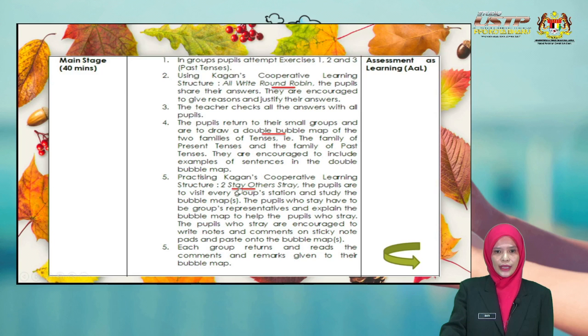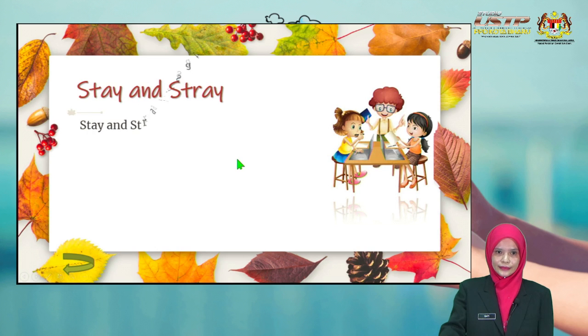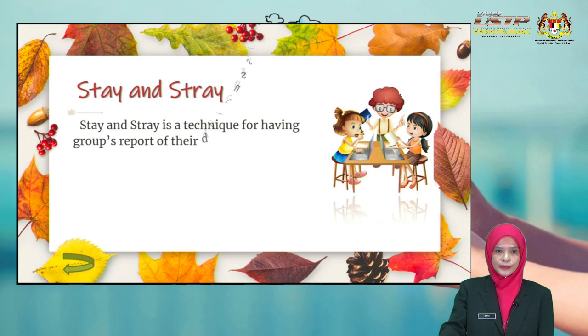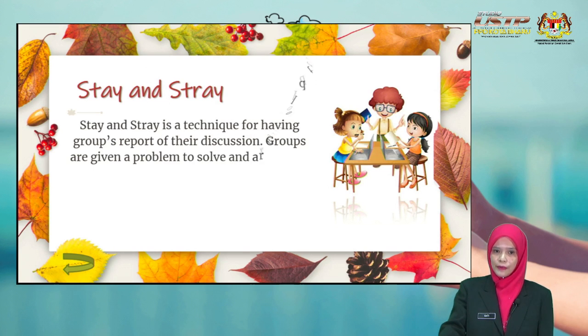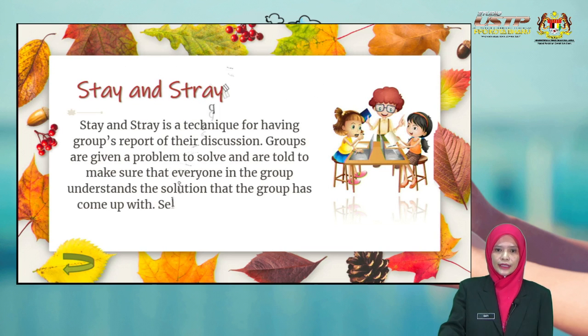Now let's look at stay and stray. Stay and stray is a technique for having groups report on their discussion. Groups are given a problem to solve and are told to make sure that everyone in the group understands the solution that the group has come up with.